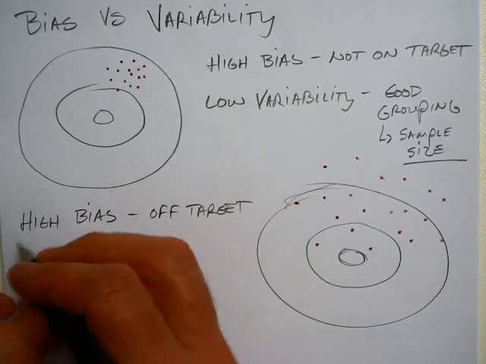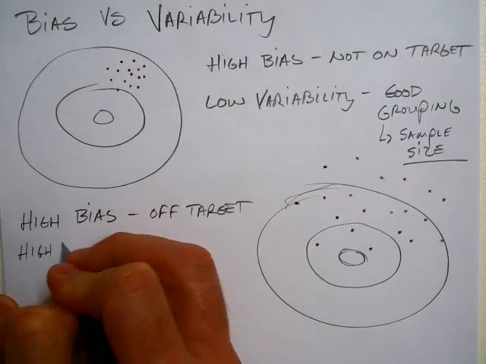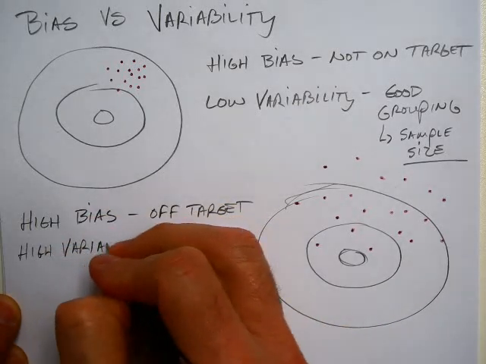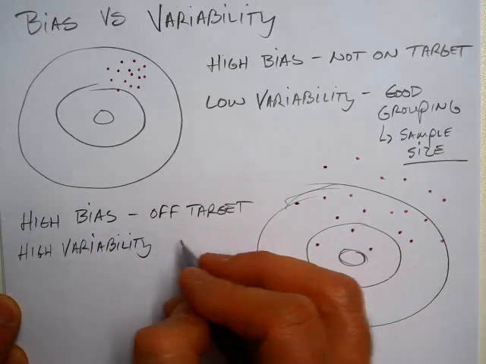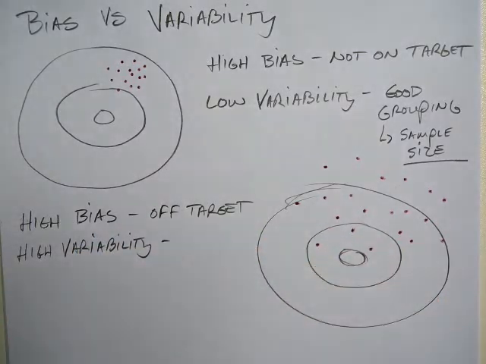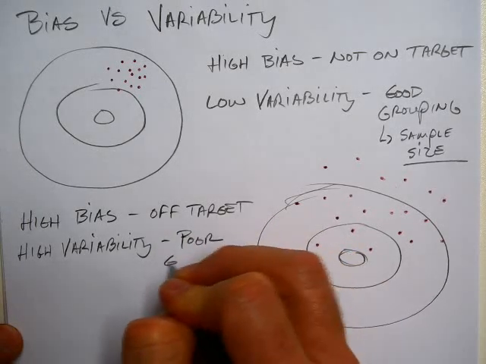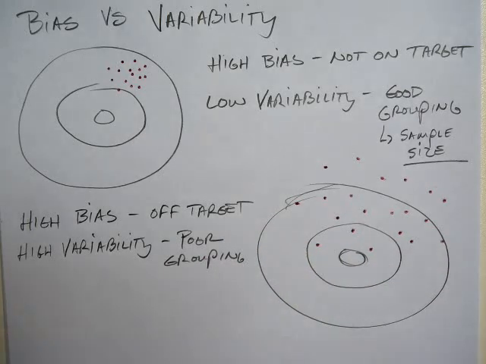Okay, so this is high variability. Not only am I off target, but my answers are all over the place. This is poor grouping.